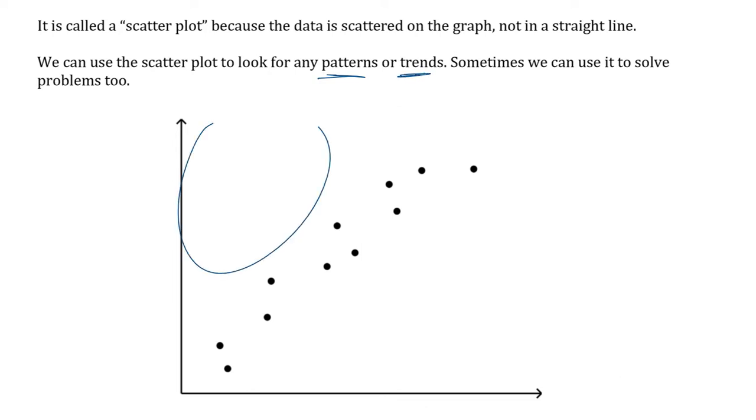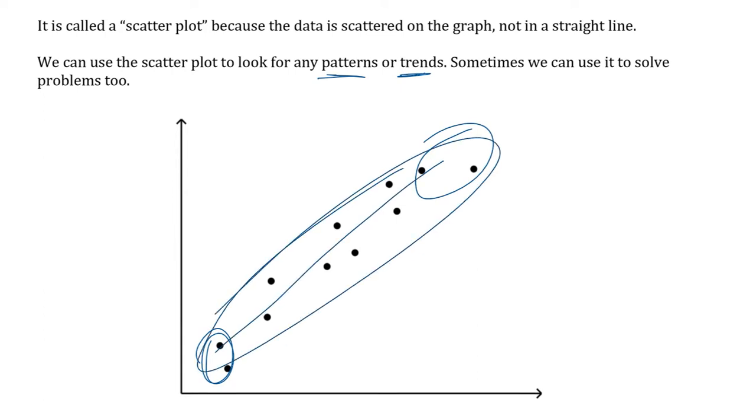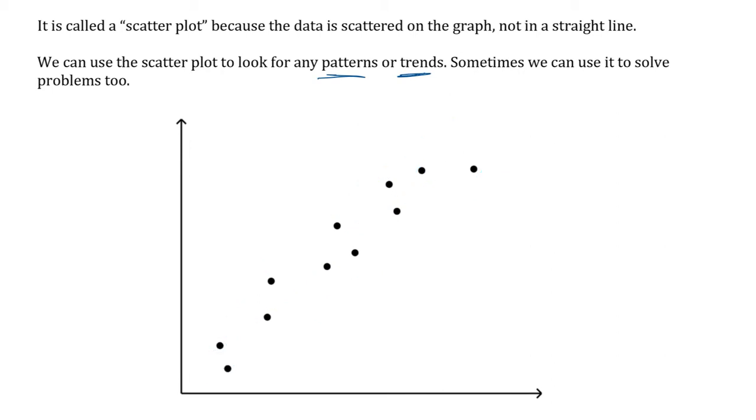Because there's no points up here, there's no points down here, and it is kind of going from down in the bottom left to up in the top right and generally following that up to the right kind of pattern. And we call that a pattern or we call that a trend.